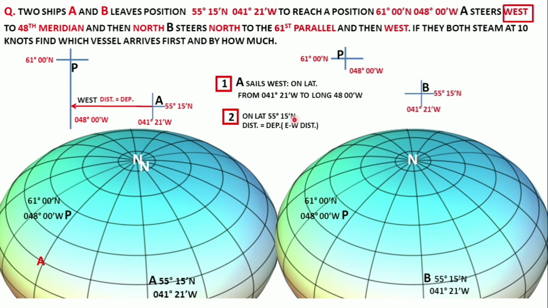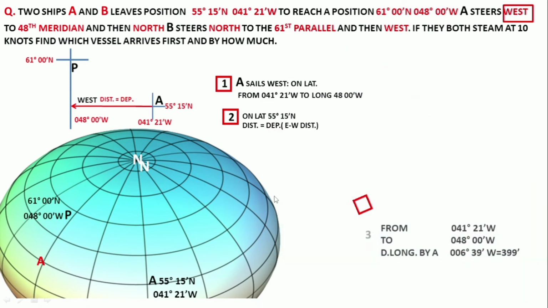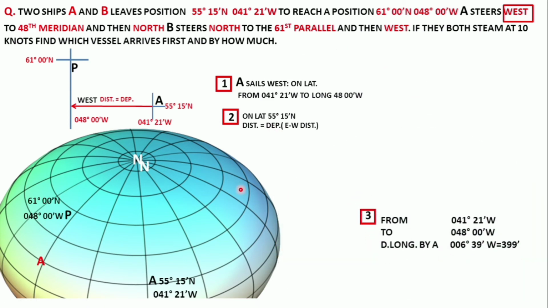So on the parallel of 55 degrees, whatever distance she is doing, that's your departure, east and west distance. Now she sailed from point A to the meridian of the port. So that is the D long made by the ship here. And I know what latitude she is in. I can always find out my departure.